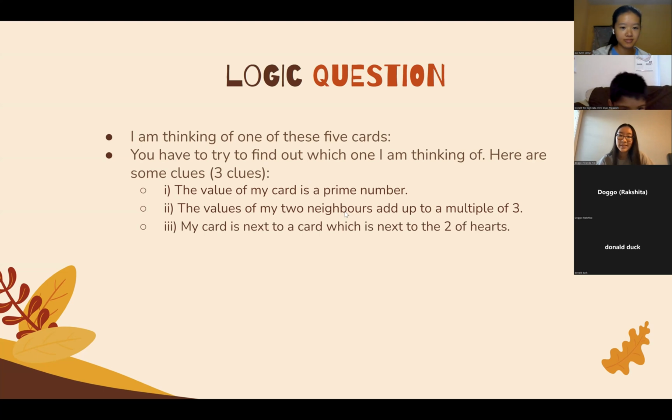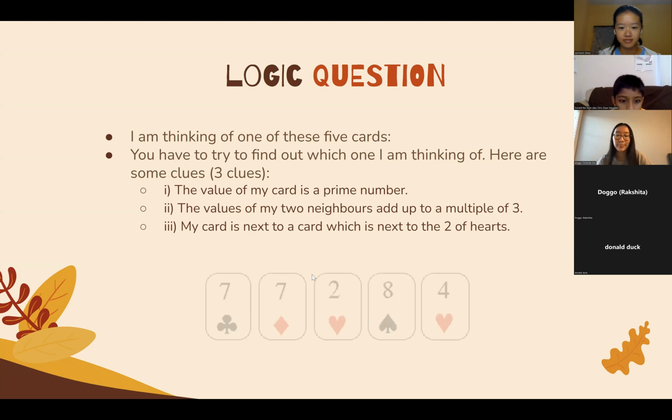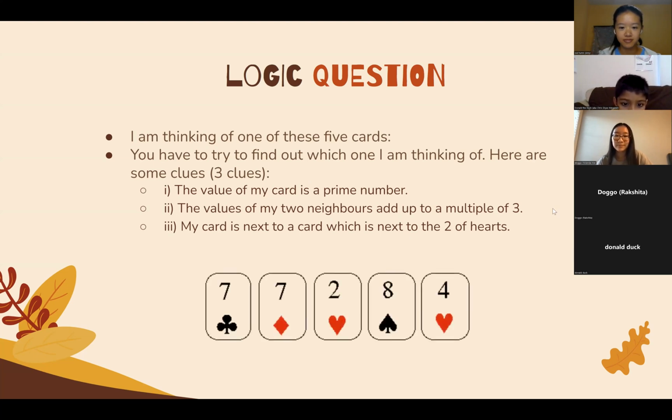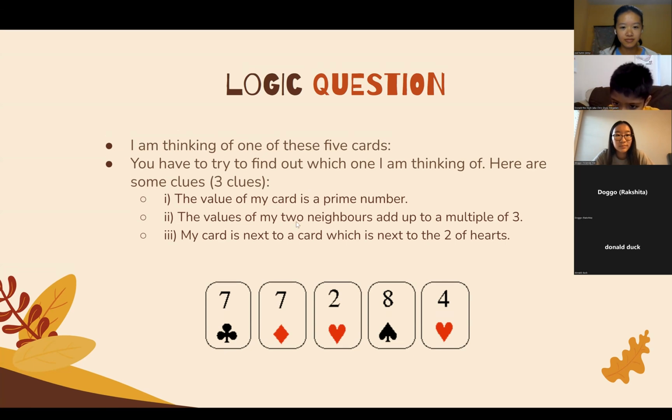And finally, the card is next to a card which is next to the 2 of hearts. So let's see the cards. Given this, what card is being thought of? Based off of that, we can know what path Owltum should go down.